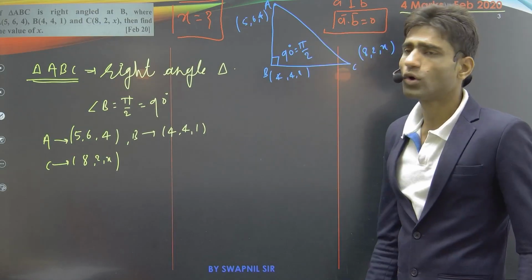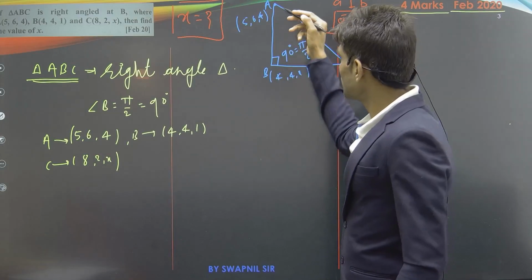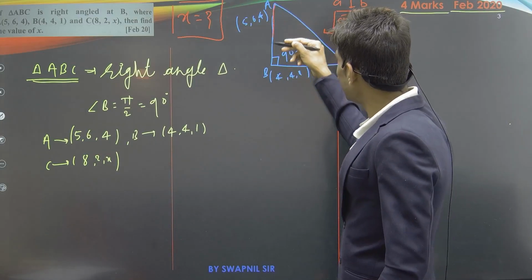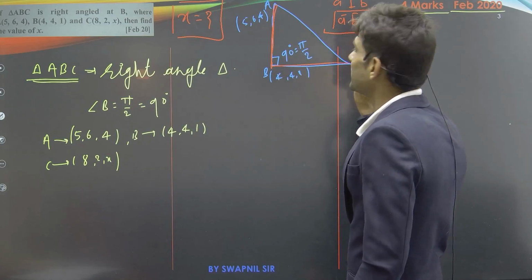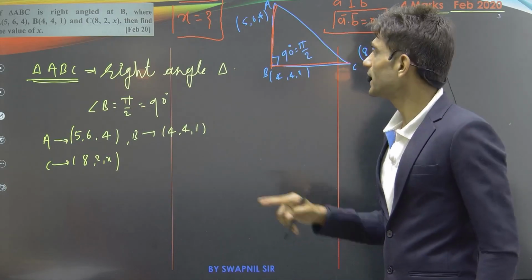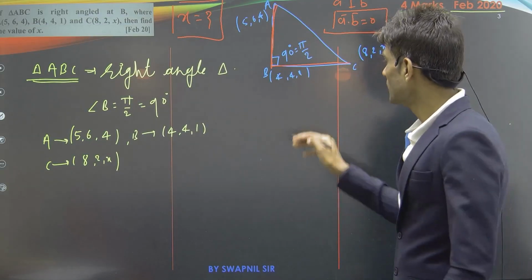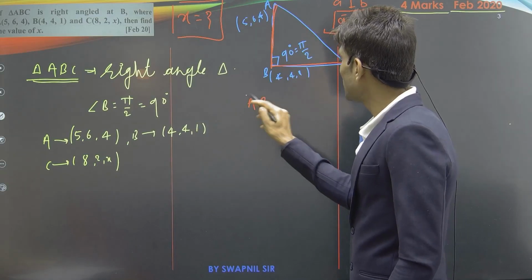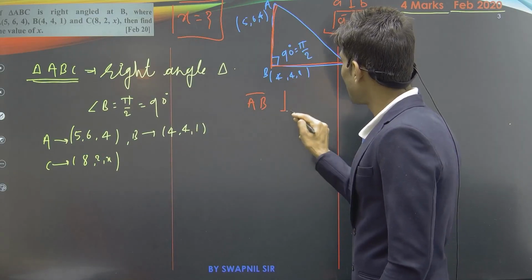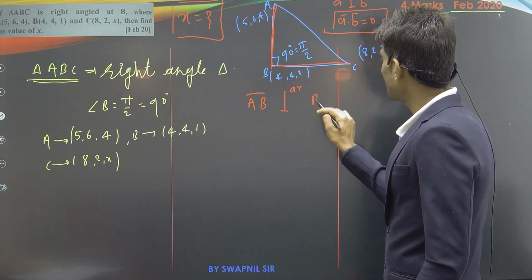Now, vector AB is perpendicular to vector BC.